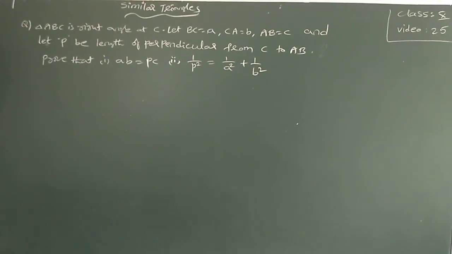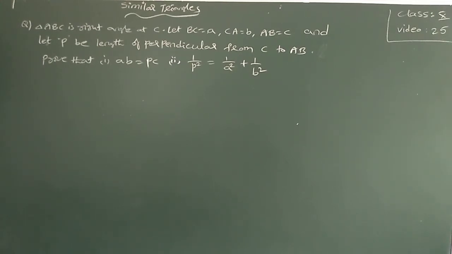Triangle ABC is a right angle at C. Let BC is equal to a, CA is equal to b, AB is equal to c, and let p be the length of the perpendicular from C to AB.